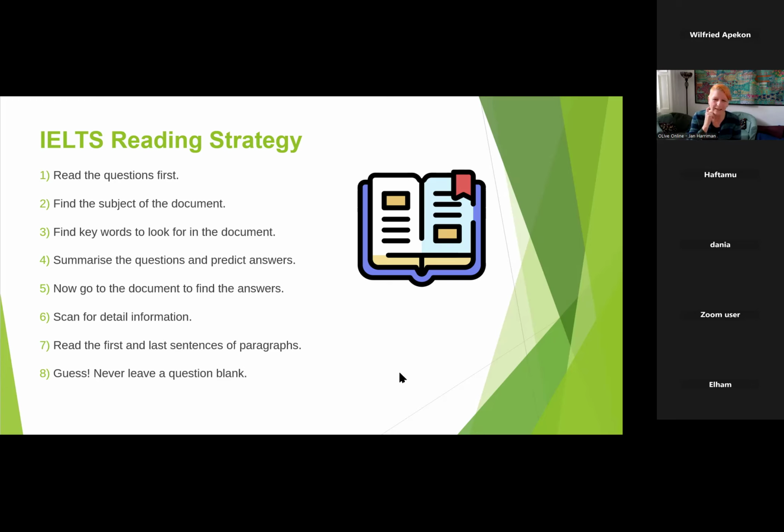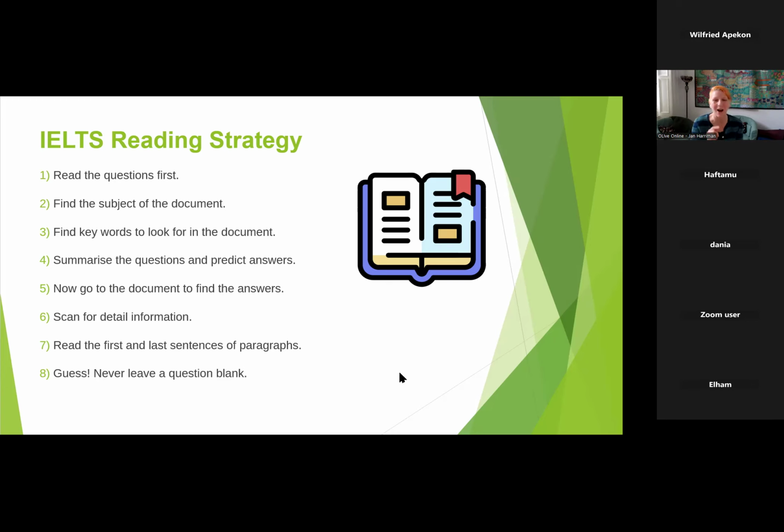Why am I saying summarize the questions? What do you think? Why would I say summarize the question? When you summarize something, you describe what it's about. And you use synonyms.